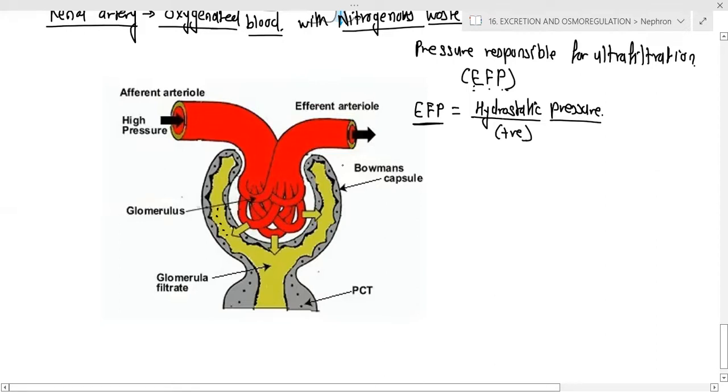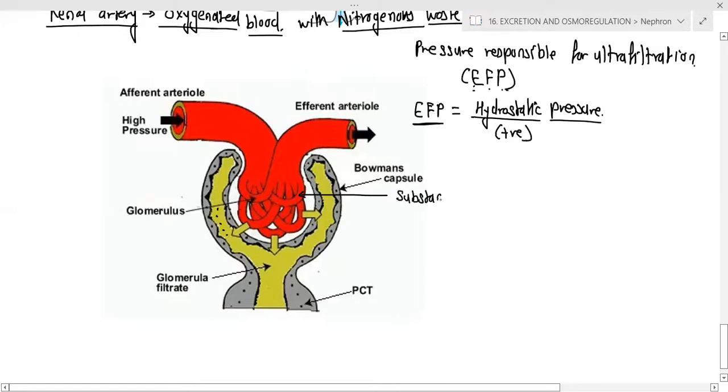So let us talk about what the negative pressures are. Both the negative pressures are basically osmotic pressures. One thing is that the blood capillaries, when I talk about glomerular capillaries, contain many substances, correct?